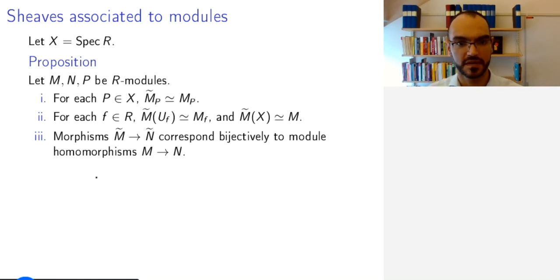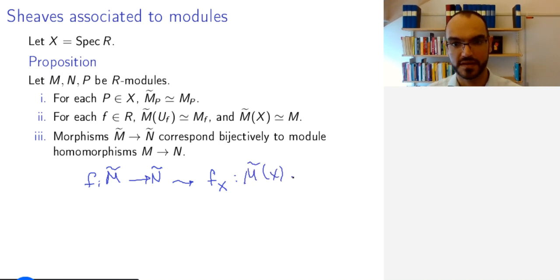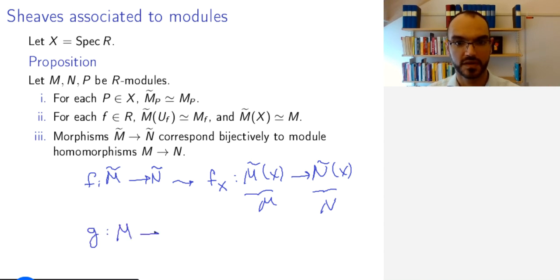In one direction, if I have f from M tilde to N tilde, then I get a morphism for each open set, in particular a morphism of global sections from M tilde of X to N tilde of X, but this is just M and this is just N. Conversely, if I have g from M to N, then I can localize and so I get, say, g_a from the localization at a.